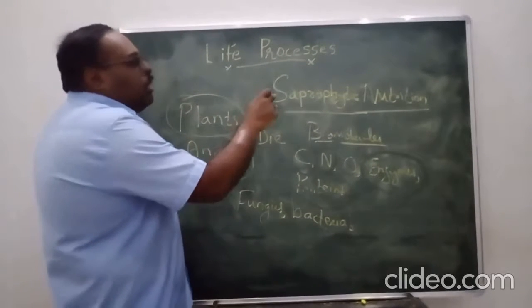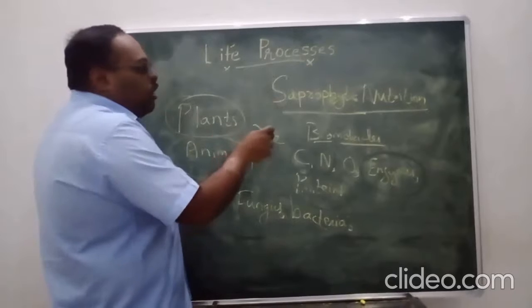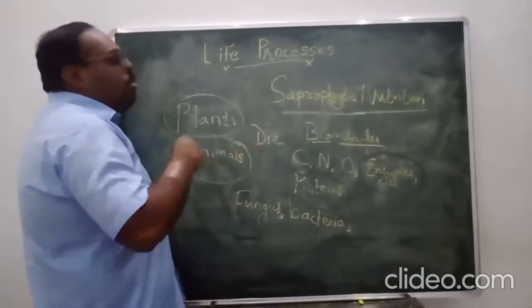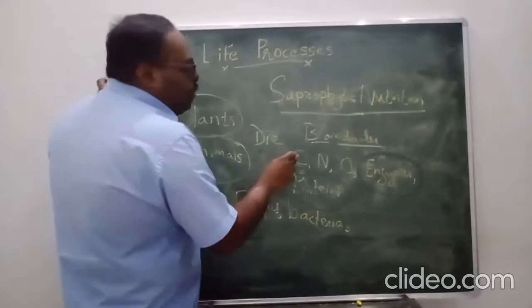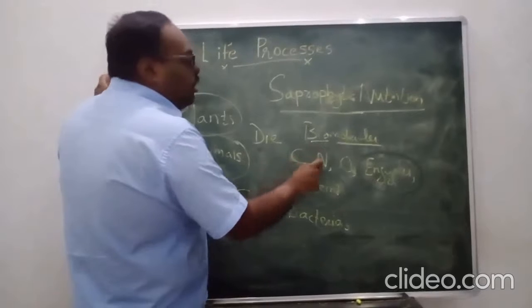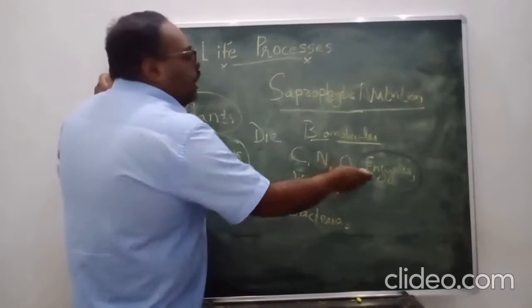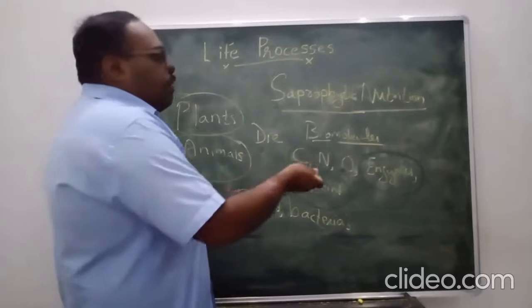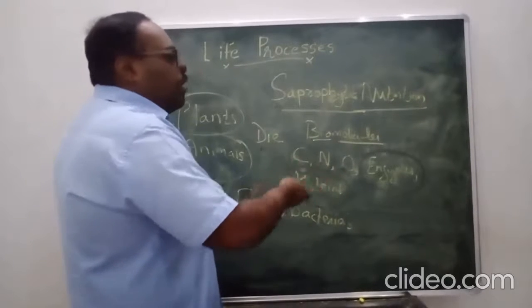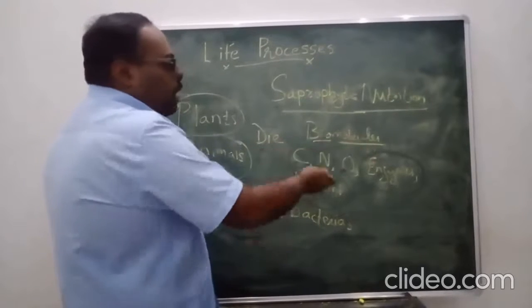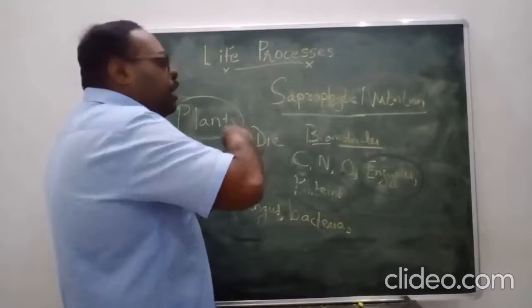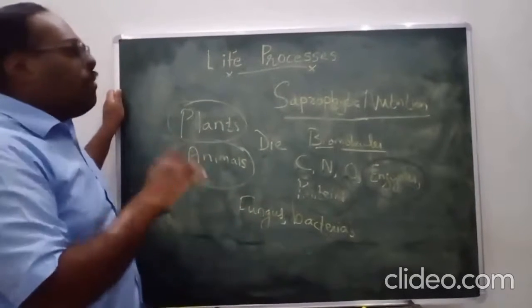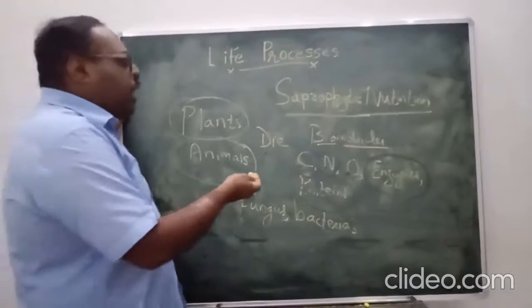That means these organisms feed on the dead bodies, by which we get back this carbon, nitrogen, oxygen, and these enzymes and proteins. They also have some type of nitrogen and carbon bonding. Many things are there inside these enzymes and proteins. These will be balanced back to the environment, and some will be taken by them.